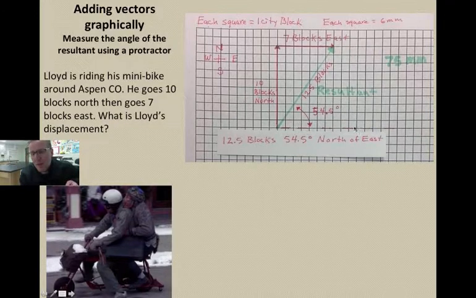This is our east line, and since we referred from that, this line is north of that, so 54.5 degrees north of east, or you could also say 54.5 degrees northeast. So our complete answer in this case is 12.5 blocks, 54.5 degrees north of east.